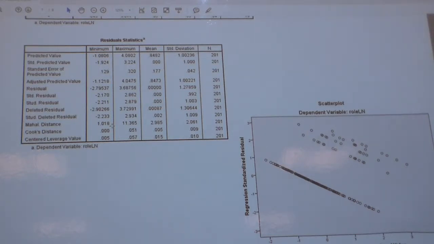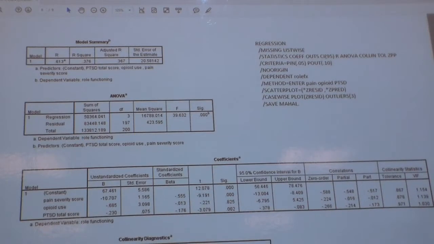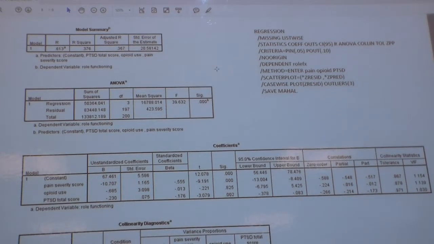Okay? So going down, let's say that we had just run through and decided not to do anything and just regressed role functioning onto our predictors. What would the impact have been then? If we take a look at our model, R squared is about the same, right?